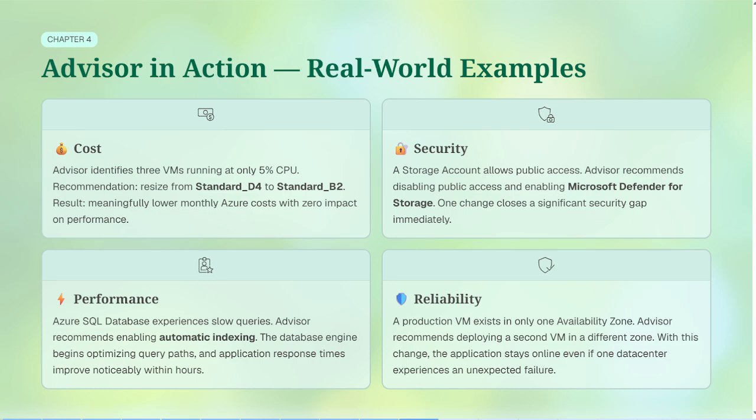This means the VMs are much larger than the workload requires. Azure Advisor recommendation: resize these virtual machines from Standard D4 to Standard B2. The smaller VM size provides enough computing power for the workload while reducing unnecessary spending.